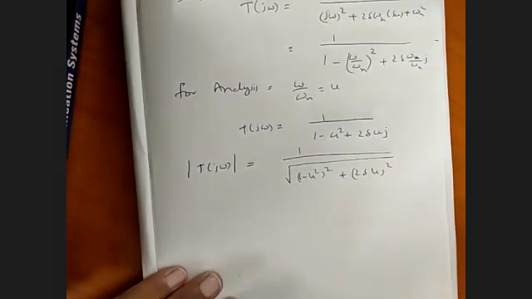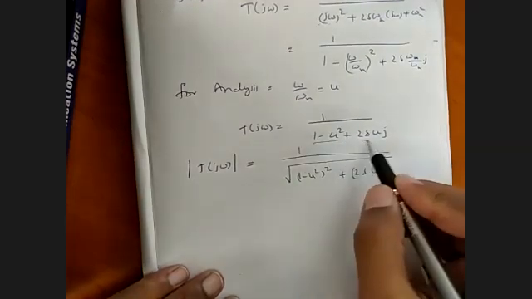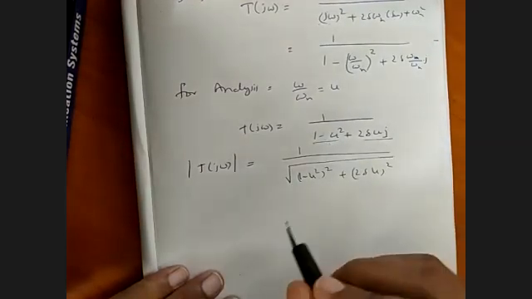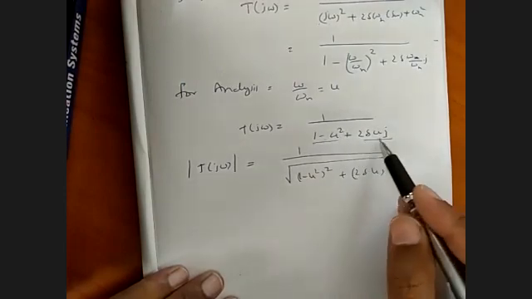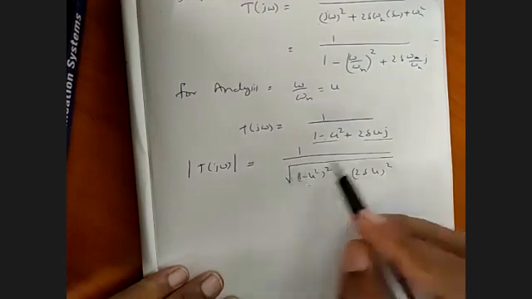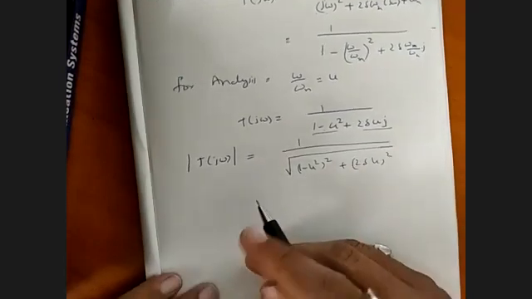This will be the magnitude of this function. Simple, this is real value, this is imaginary value. So it is under root of (1 minus u square) whole square plus (2 delta u) whole square. This will be the magnitude.